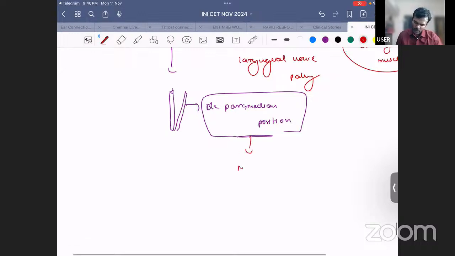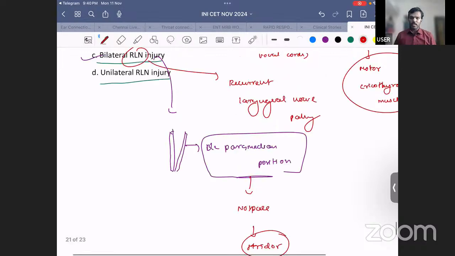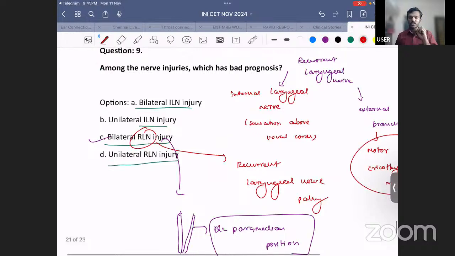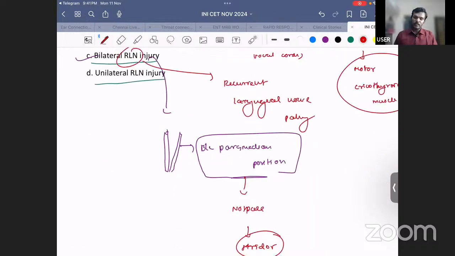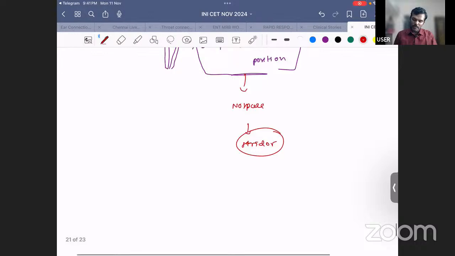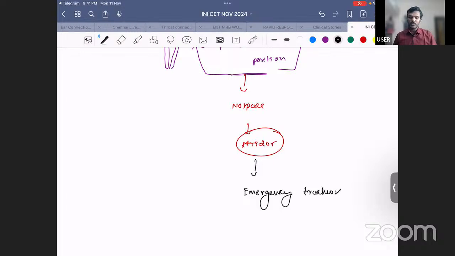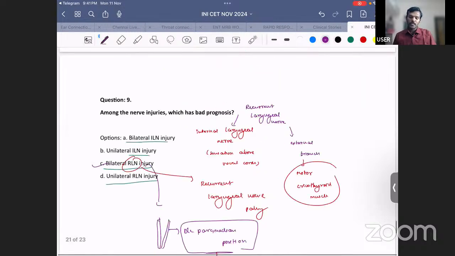That results in stridor. So that is the reason for bad prognosis, because the patient can go into stridor, acute respiratory distress. So we immediately need to do an emergency tracheostomy. Emergency tracheostomy. All right. Fine.